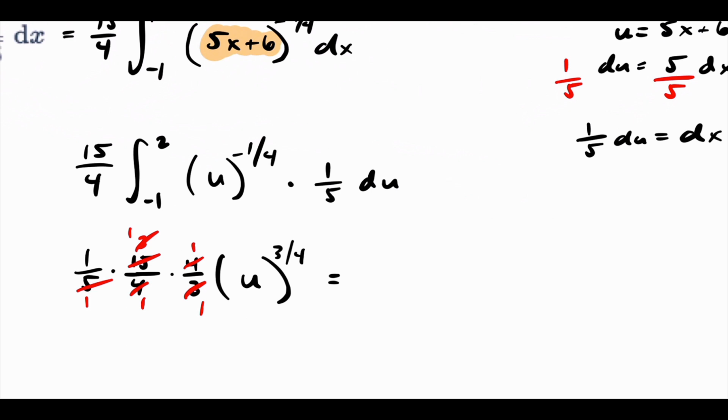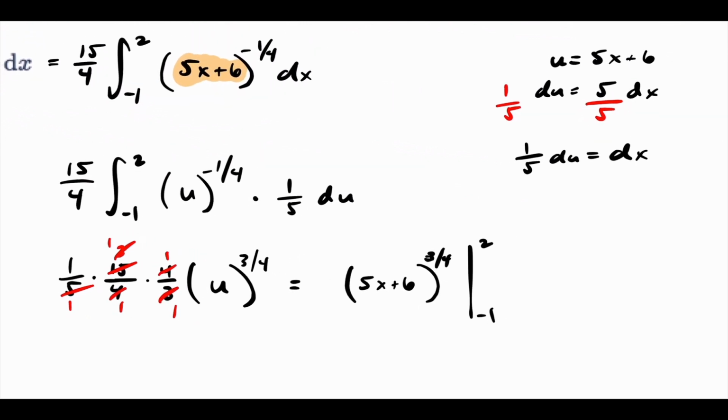So I'm going to put u back in. Now the evaluation part. Now the bounds come in. So now I've got to plug in 2 for x, negative 1 for x, subtract, done.